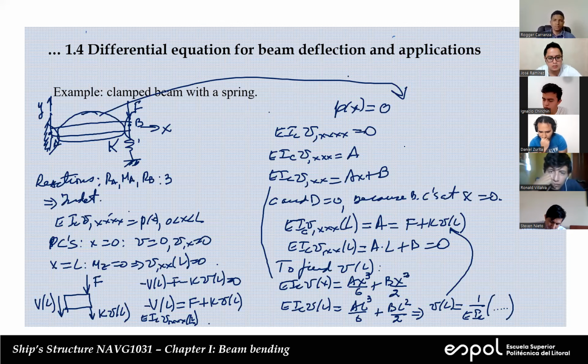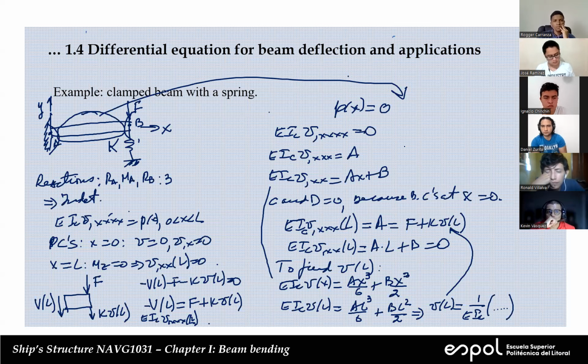Maybe the force will be 0. What force? Can't you imagine the problem? This is for everybody, okay? You have a beam clamped here, and a spring on the right end.